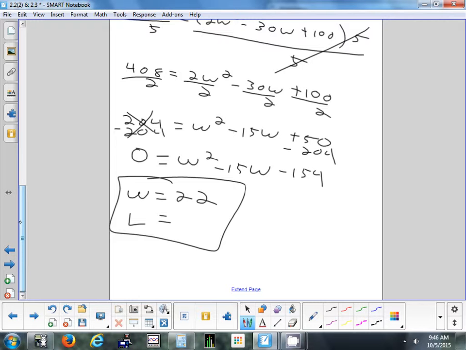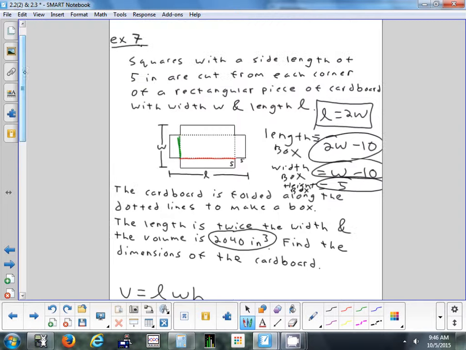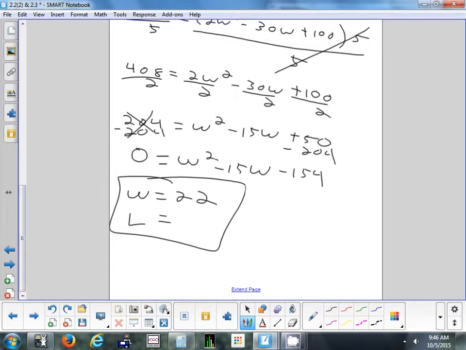Well, if our width is going to be 22 and the length is twice the width, 44. My length is 44. And that, I think, was in inches. So that's the size of the original piece of cardboard before you fold it up. That's a tricky problem. That's not an easy problem to do.